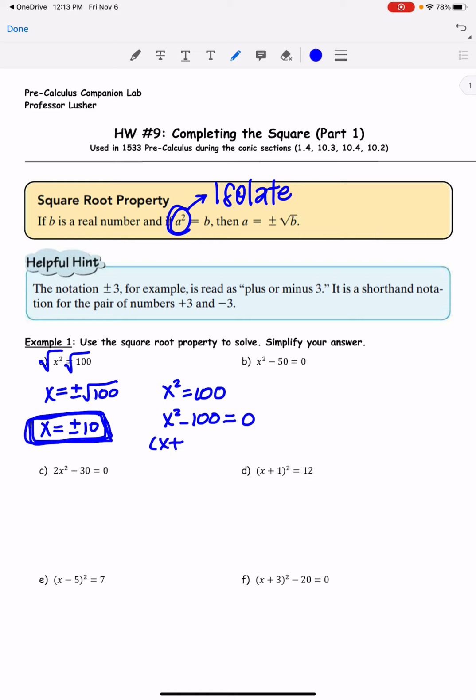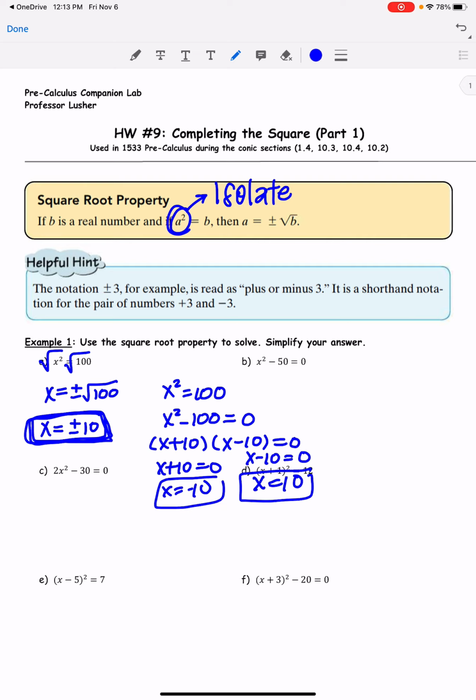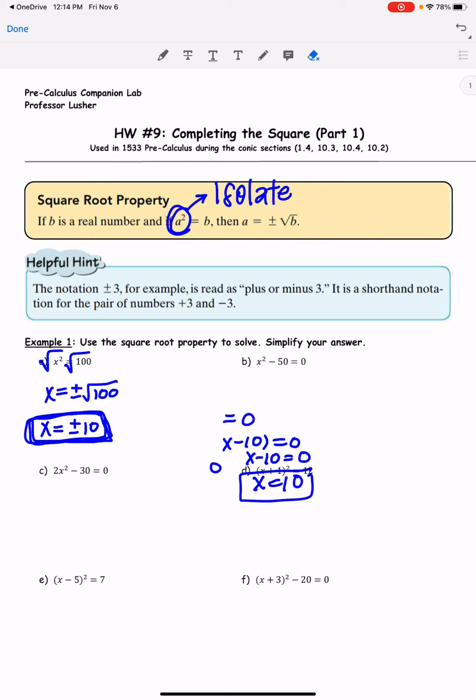So this factored to x plus 10, x minus 10. And then when you set each thing equal to 0, you still get your plus or minus answer just like we did. So this is just a different way of solving something we've already been solving. Much quicker though, right?